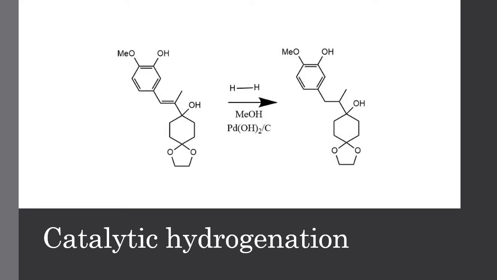Then the alkene comes in, attaches to the metal surface, and then the two hydrogen atoms will be transferred one by one to the pi bond of the alkene before it is released from the surface of the metal. So when it's released, it's going to be hydrogenated. So it's going to be an alkane. It's no longer a double bond.